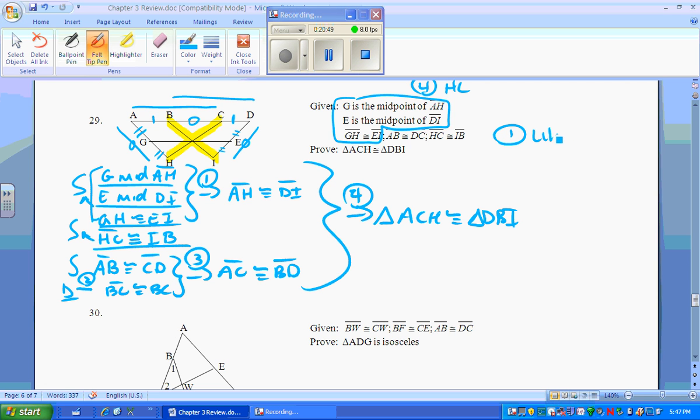Reason 1 is like multiples. Reason 2 is reflexive. 3 is addition. And 4 is side, side, side.